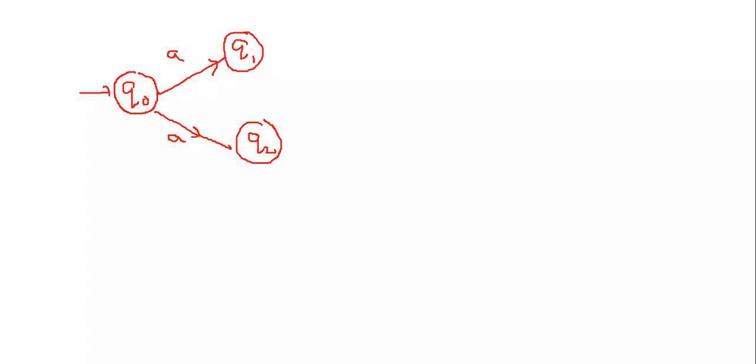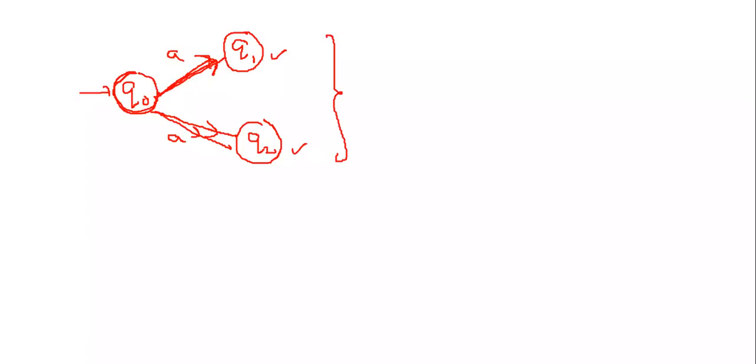That means on the same state, with the same input symbol, you are going to more than one state. So that means non-determinism. You cannot clearly say that you are 100% confidently going to the Q1 only, or you are 100% confidently going to the Q2 only. You have two states. That means you are traveling from the current state with the same input symbol to more than one states. This is called as non-determinism.